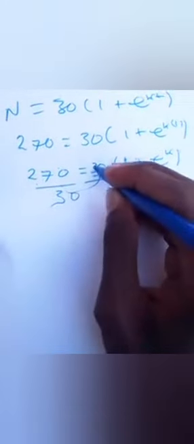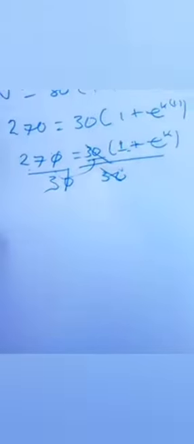Listen, before you start, don't multiply directly. If there is a number outside, divide whatever is here into this. Don't start multiplying. So here I'll just remain with 1 + e^k after dividing by 30. When you divide this into this, you're going to have 27 over 3.